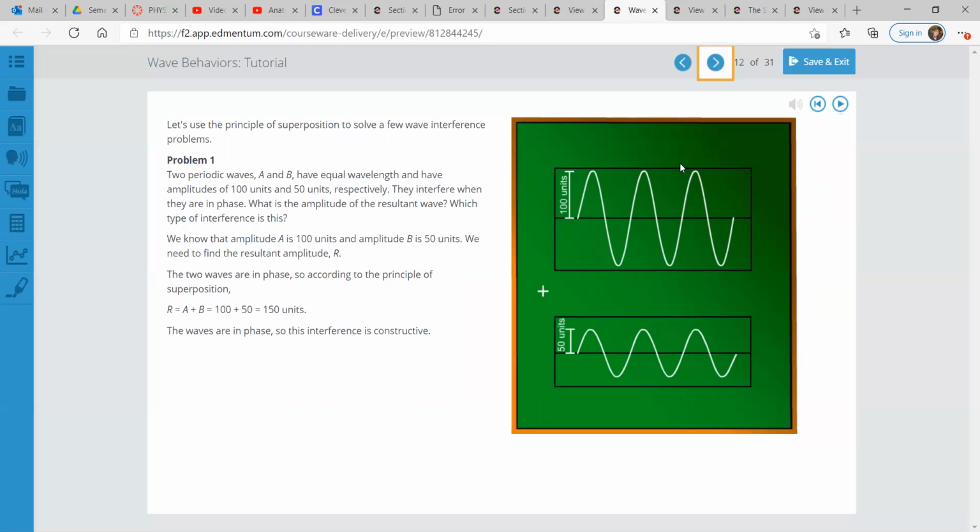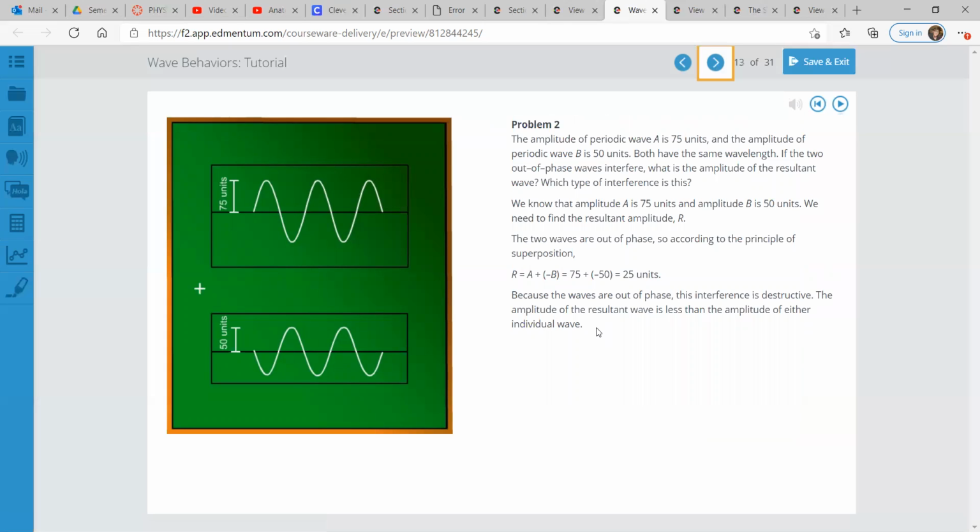We know amplitude A is 100 units and amplitude B is 50 units. We need to find the resultant amplitude R. Well, R is A plus B because the two waves are in phase and they will constructively interfere. The waves are in phase, so this interference is constructive. So it's just 100 plus 50. That is 150 units.